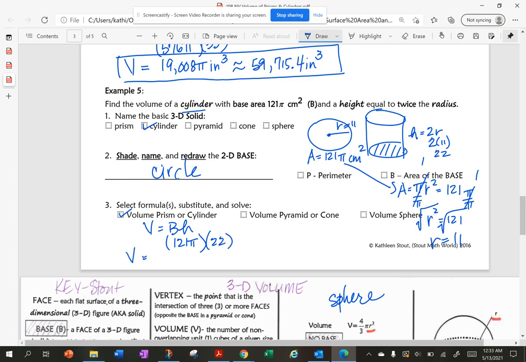So my volume exactly is 2,662 pi centimeters cubed, and rounded is 8,362.9 centimeters cubed. There we go. That's it.